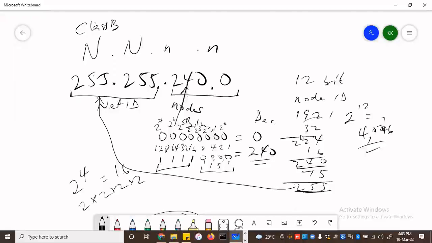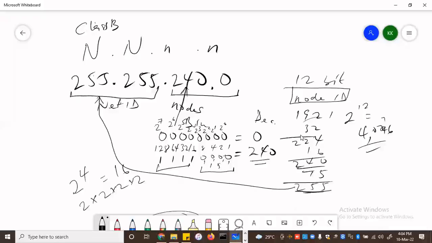But if I told you that you had 4 plus 8, or 12 bits, for the node ID, now calculate the number of subnet IDs. It's pretty simple. If the default subnet for class B uses only the first two octets and leaves the last two, it means you have 16 bits.